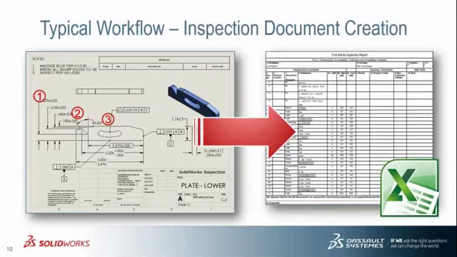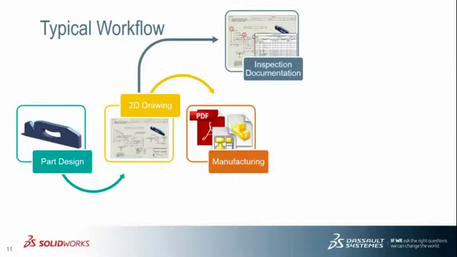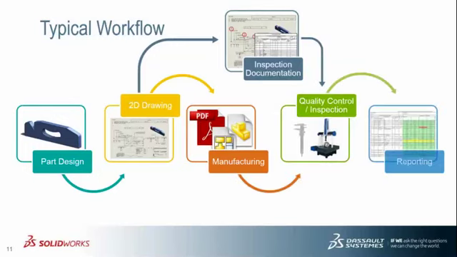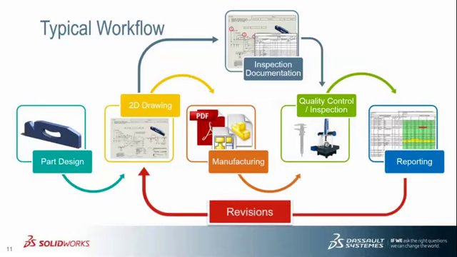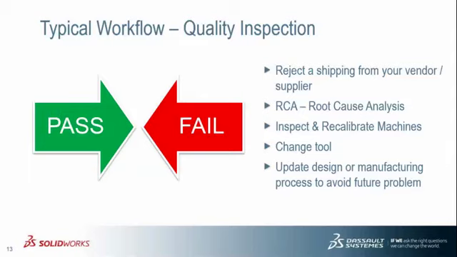Next, it's the quality engineer or inspector who uses these balloon drawings or inspection reports to do the inspection for manufactured parts, either through manual quality control or by using digital calipers or even more advanced CMM processes. Regardless of the process, the information is typically recorded on inspection sheets, which is then used for reporting, which ultimately comes down to a pass-fail determination.